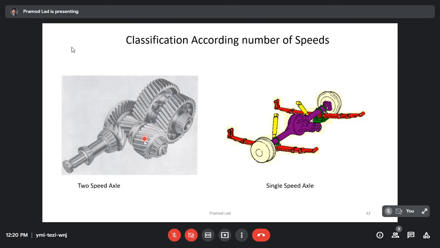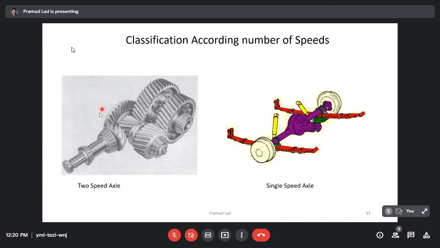Here you can see this pinion is the bigger pinion and this gear is the smaller gear, and here this is the smaller pinion and this gear is the bigger. So this is the low ratio and this is the high ratio. So you can select between the low and high depending upon the load requirements.